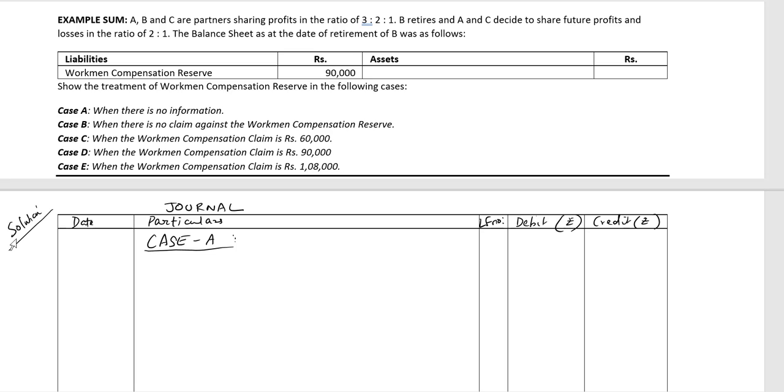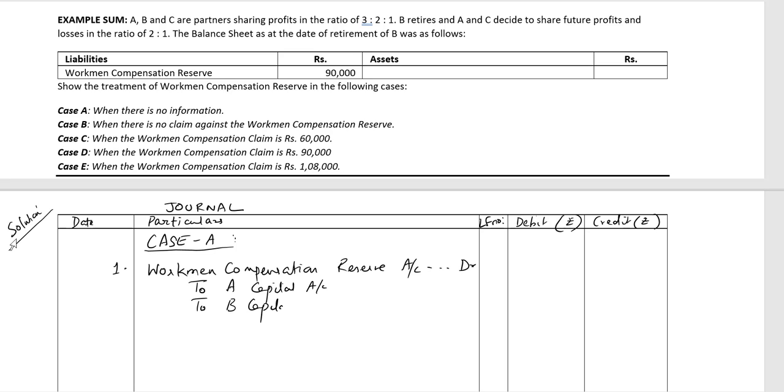So the journal entry, Workmen Compensation Reserve account debit to A capital account, to B capital account, to C capital account.